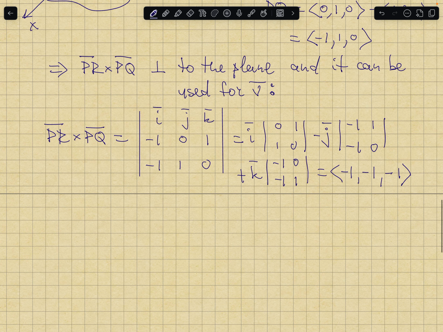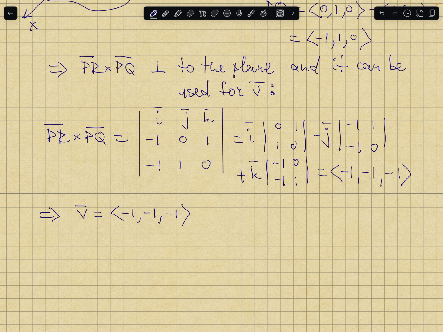And so it follows that I can take as v a vector with components -1, -1, -1. Now, notice that there are infinitely many vectors that are perpendicular to my plane, right?